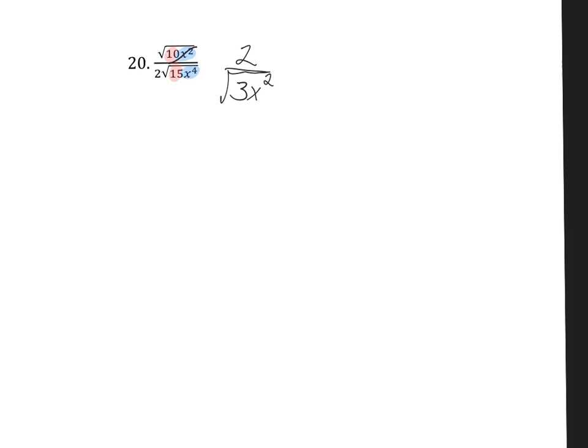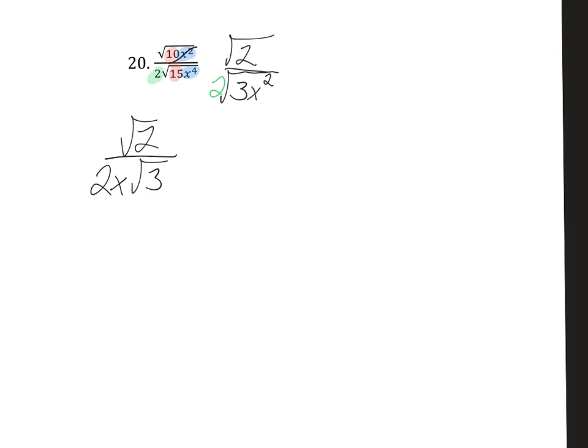So now I have the square root of both of those. And then this 2 that was out front is just going to stay out front. So I still have this 2 here. Okay, now, radical 2 is still just radical 2. I can't really do anything with that. Square root of x squared is just an x.